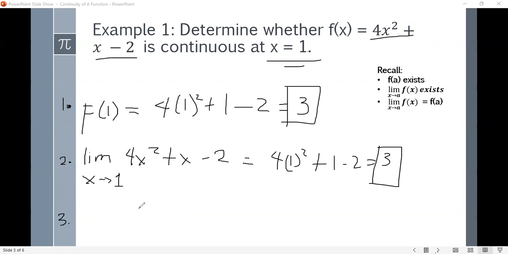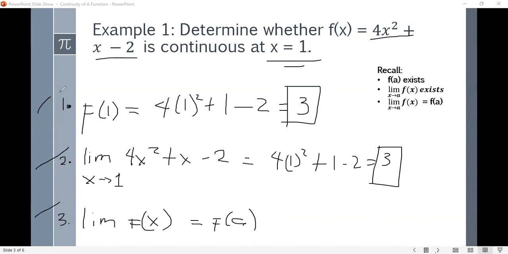So for the number 3, na-prove natin na the limit of 4x squared plus x minus 2 as x approaches 1 and the f of 1 is equal to each other. So, therefore, the limit of f of x is also equals to f of a. So, check this po yan.